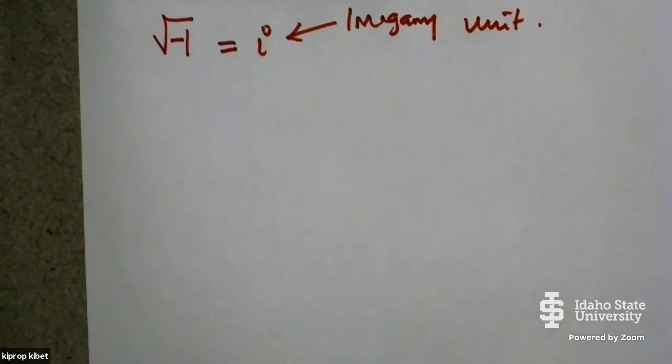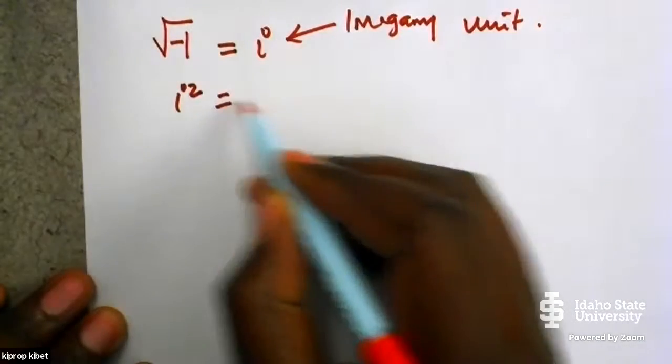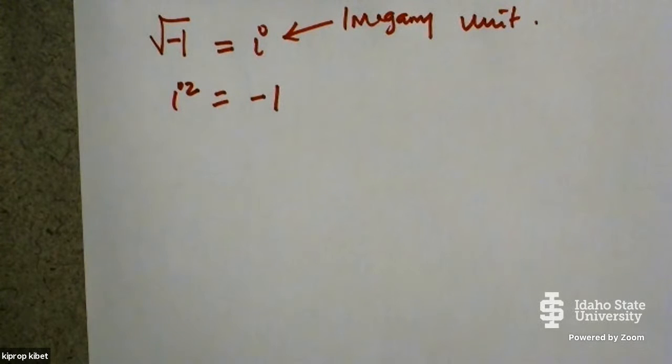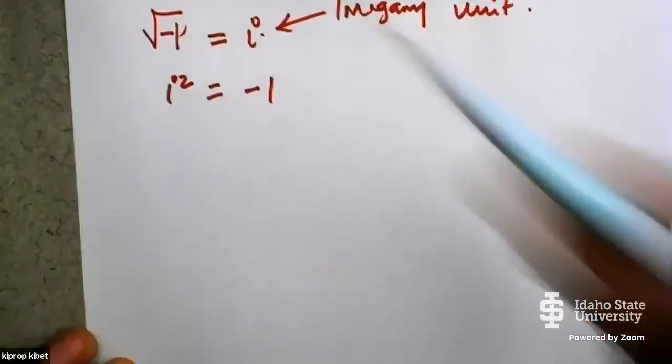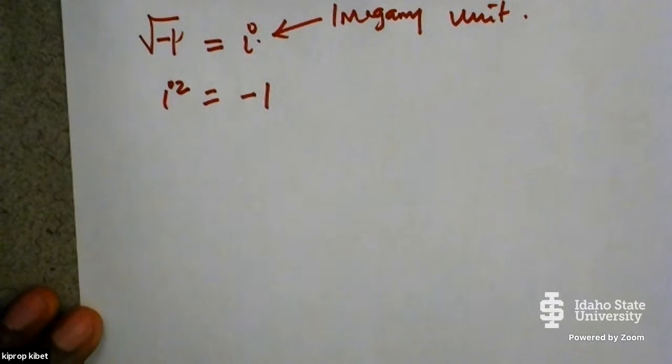So again, i squared is equal to -1. If you multiply two i's, you get -1. Does it have to be the square root of -1? Yes, the square root of -1 is i, because the square root of 1 is just 1, of course.